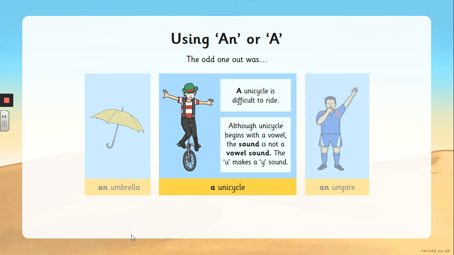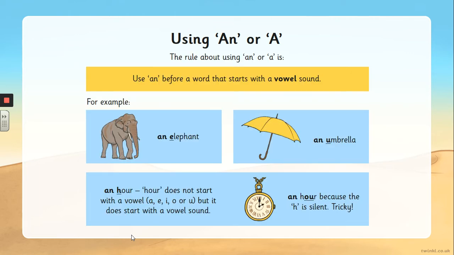It's a unicycle. Okay, so the rule about using a or an is you use an before a word that starts with a vowel sound. For example, an elephant starts with an, an umbrella starts with an. But then there are also other ones which don't start with an actual vowel letter. Some of them may start with an H, so an hour.